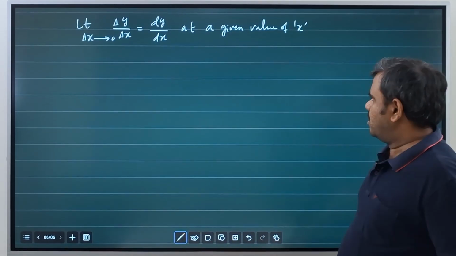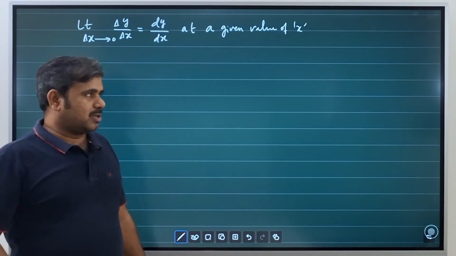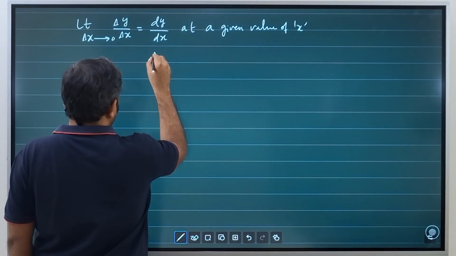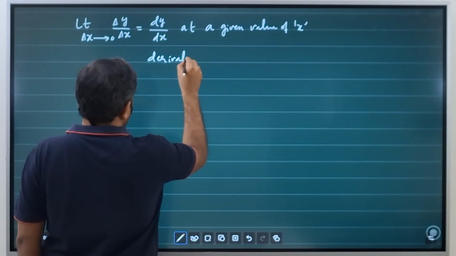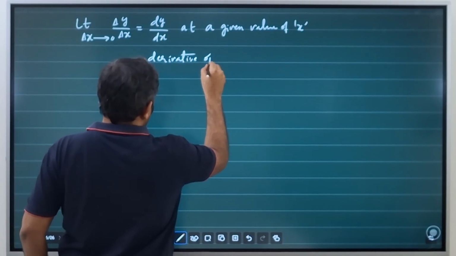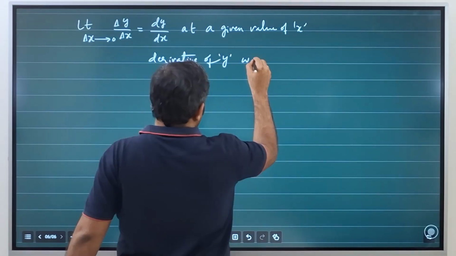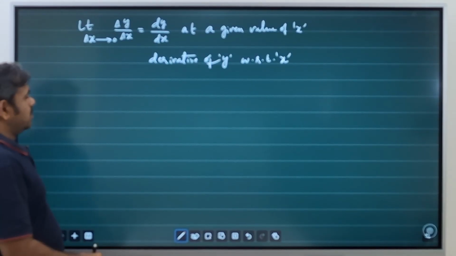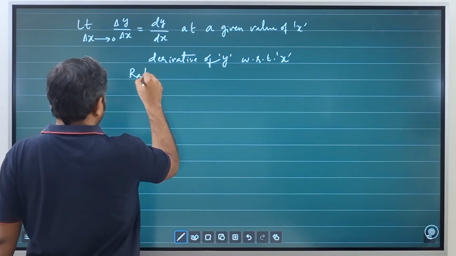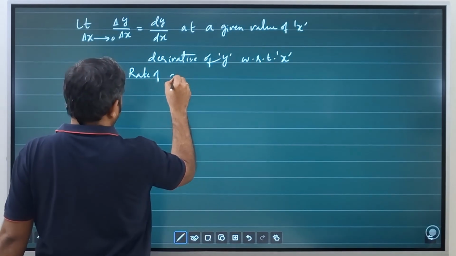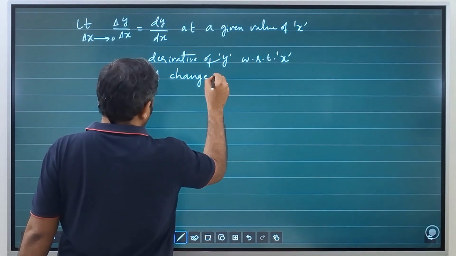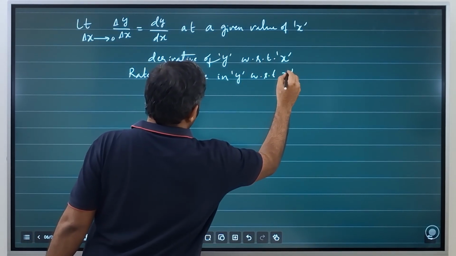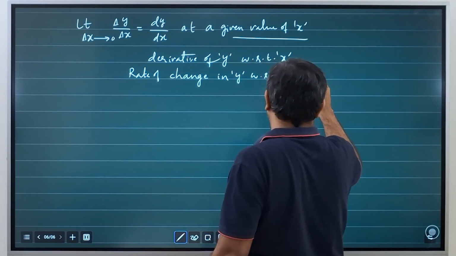It is also called the derivative of y with respect to x. Mathematicians call it the derivative of y with respect to x. We call it the rate of change in y with respect to x at a given value of x.